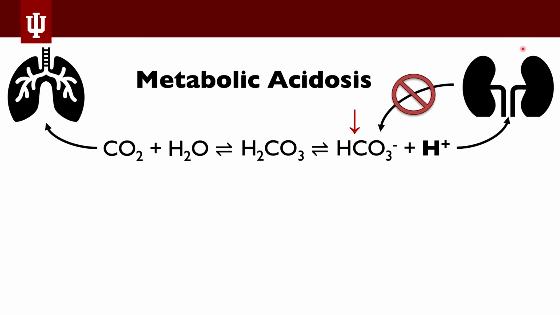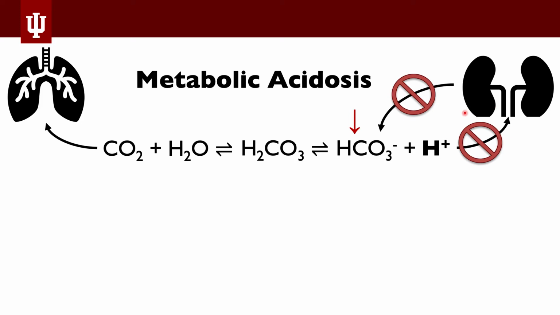Or maybe the kidneys have a problem with reabsorbing bicarbonate or have a problem with getting rid of acid. This can be seen in something called a renal tubular acidosis. If you have issues here, that tends to cause a normal gap or a non-gap acidosis. Saline administration will also cause a normal gap acidosis.